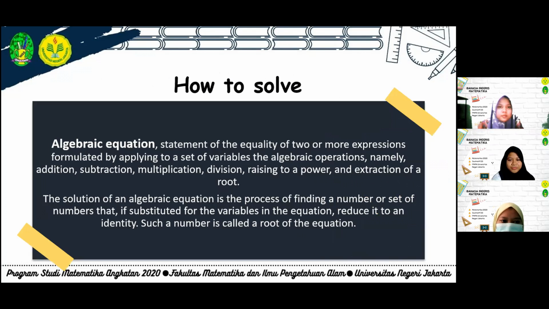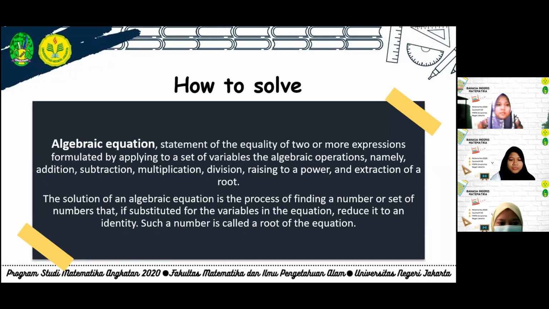How to solve? An algebraic equation is a statement of the equality of two or more expressions, formulated by applying to a set of variables the algebraic operations, namely addition, subtraction, multiplication, division, raising to a power, and extraction of a root.